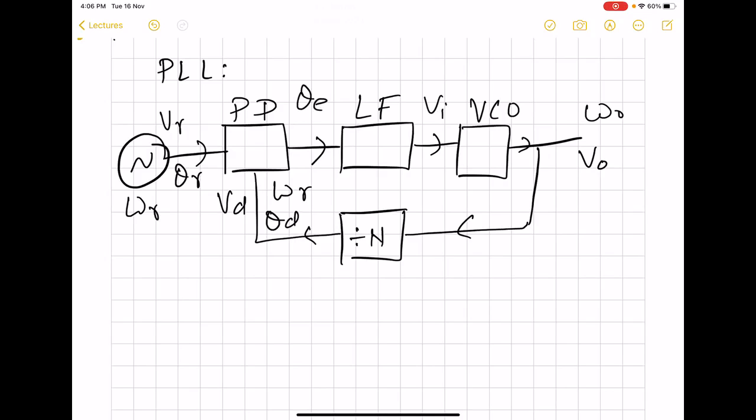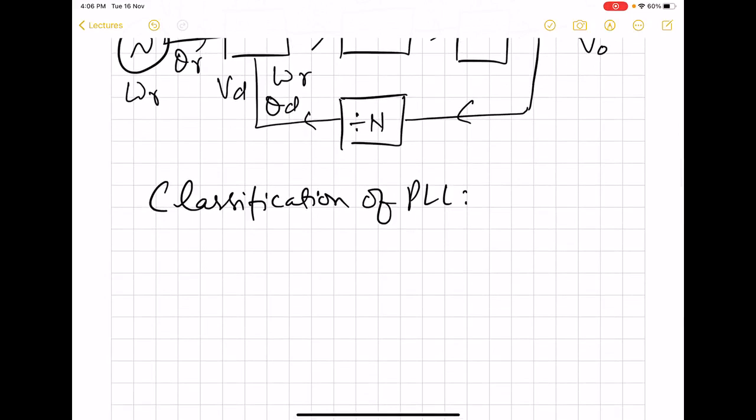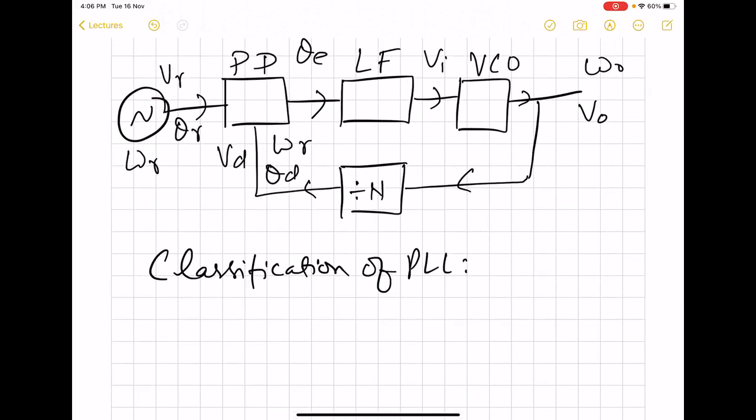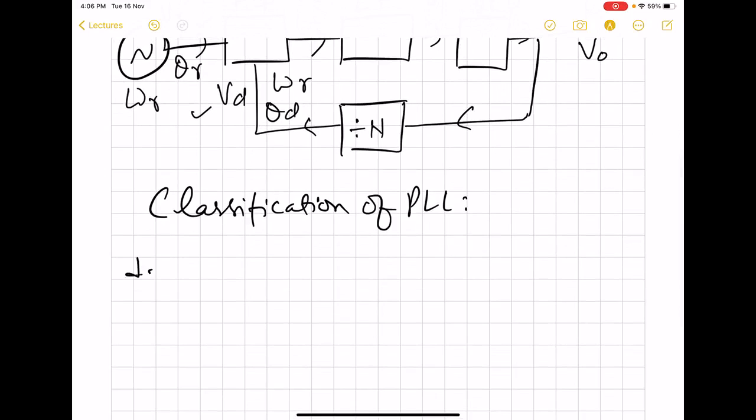So this loop can be implemented in various ways. There are 4 classes of PLL based upon the nature of these signals involved here and other locations in the loop. So the first is analog PLL.